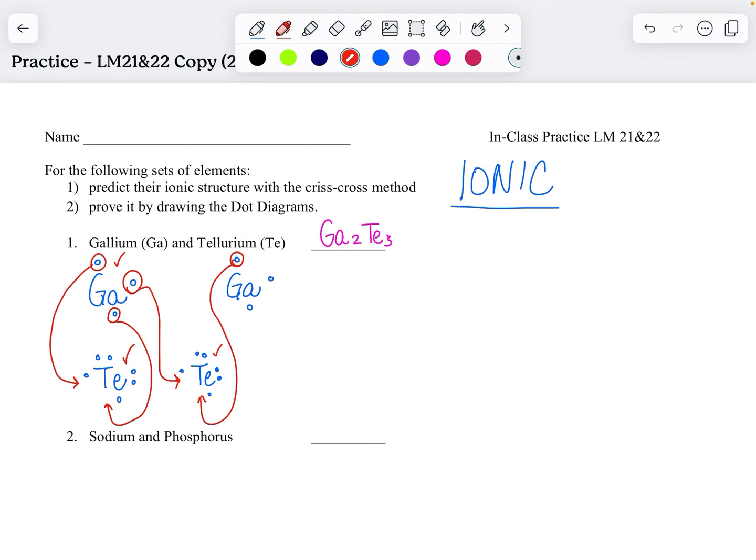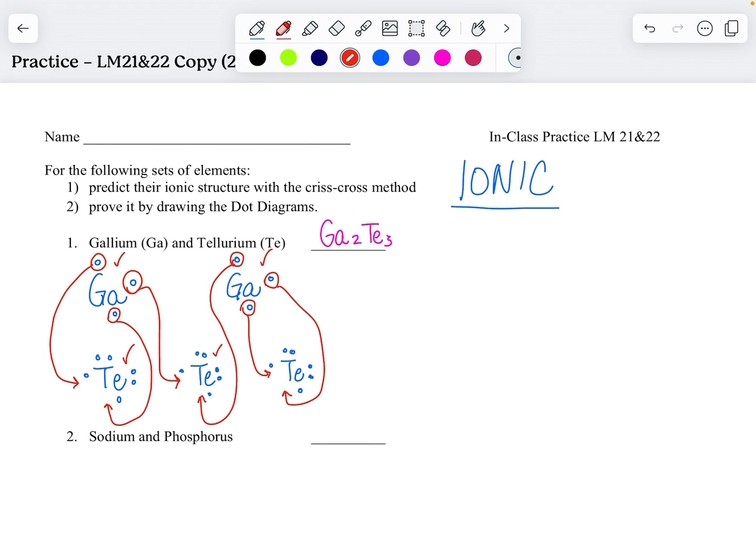But are we done? Not quite, because gallium still has 2 valence electrons to get rid of. Maybe you can see that the end is near. What we need is 1 more tellurium with its initial 6 valence electrons. And we can show the journey of these last 2 electrons from gallium to tellurium. So the gallium has now lost 3.